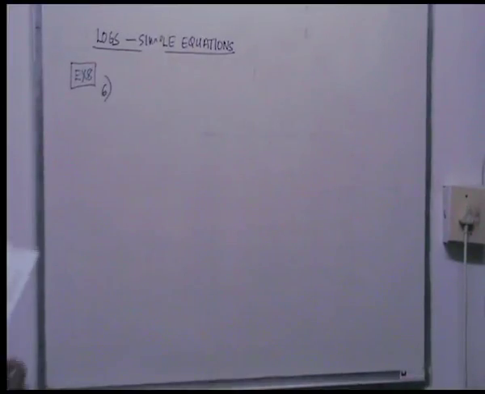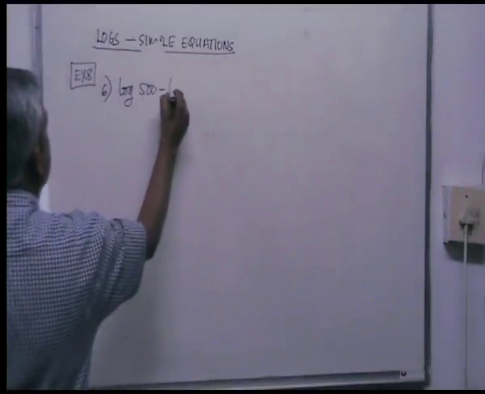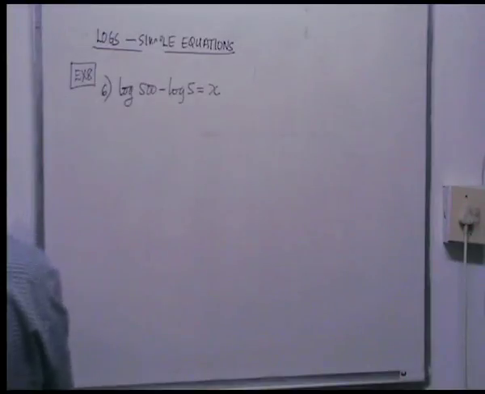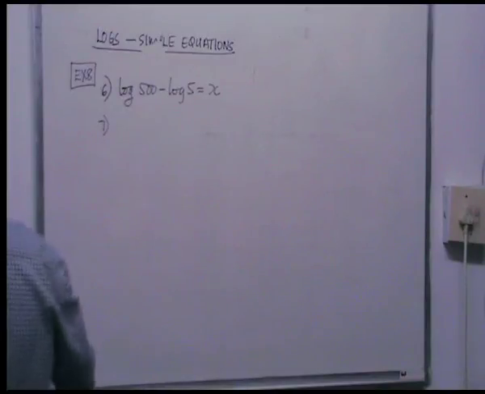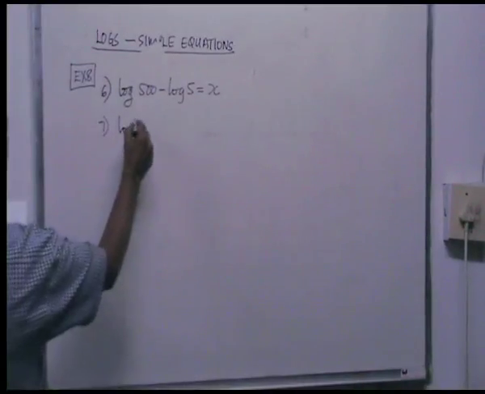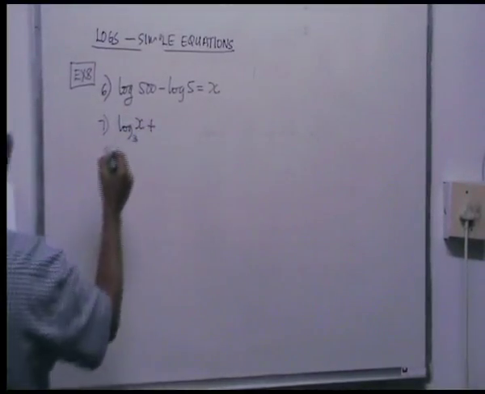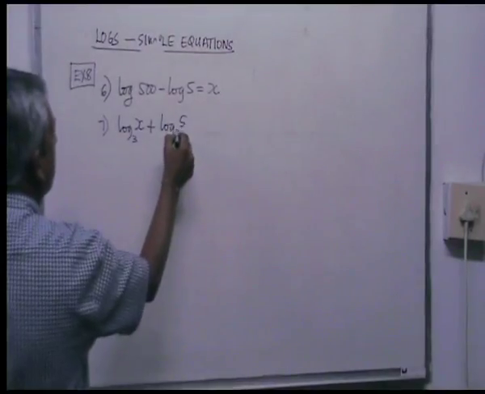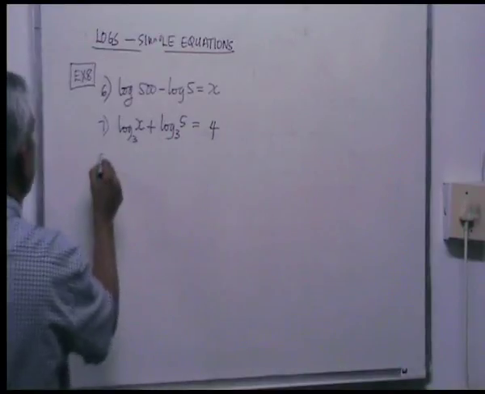Right, number 6. Log of 500 minus log of 5 is equal to x. Number 7, log of x to the base 3 plus log of 5 to the base 3 is equal to 4.